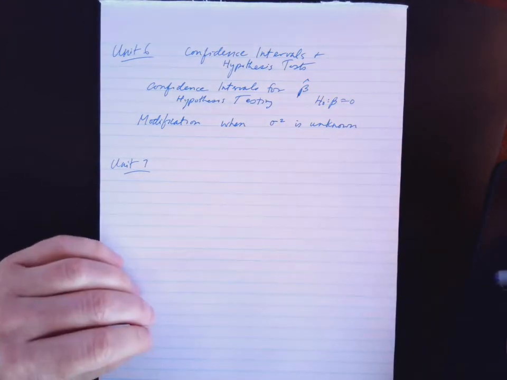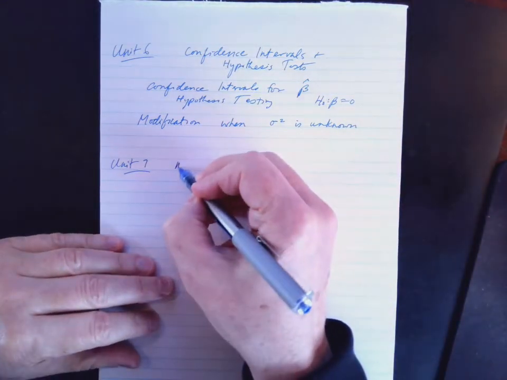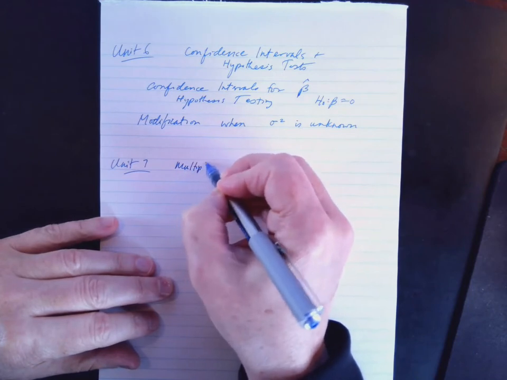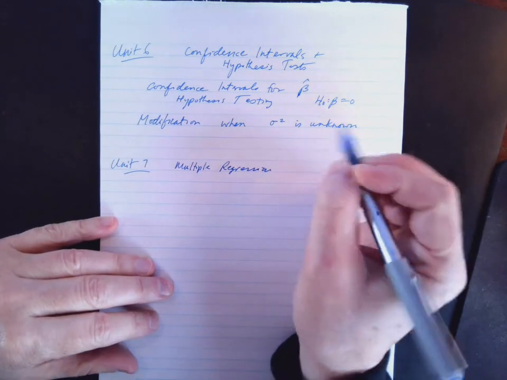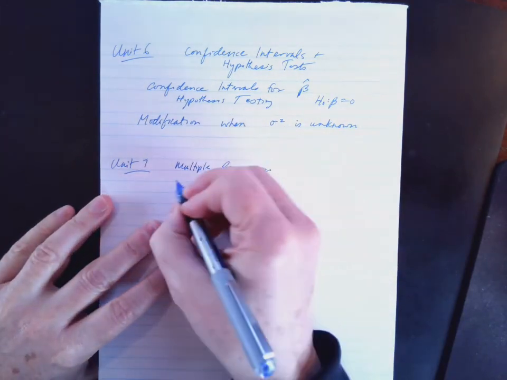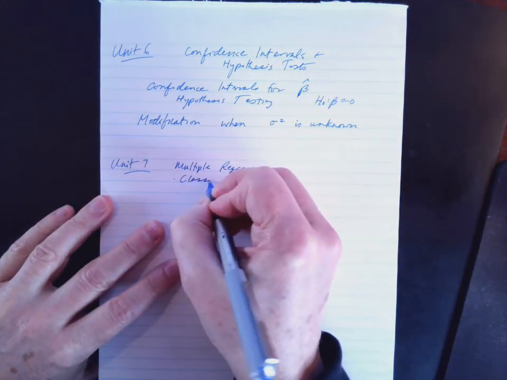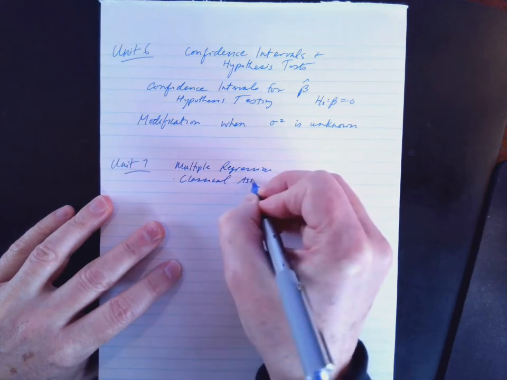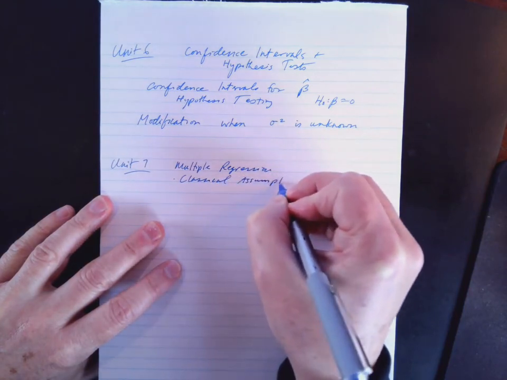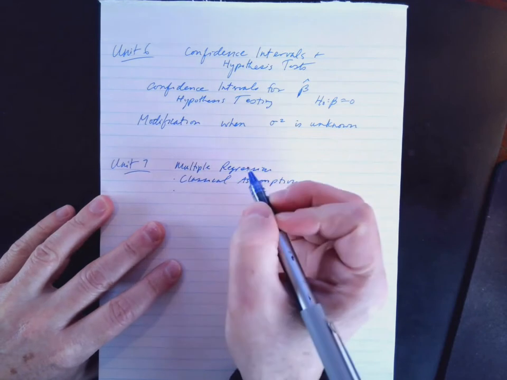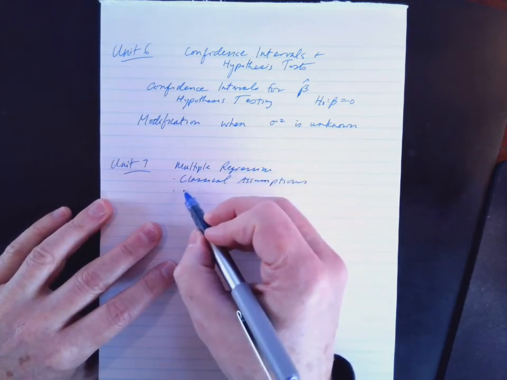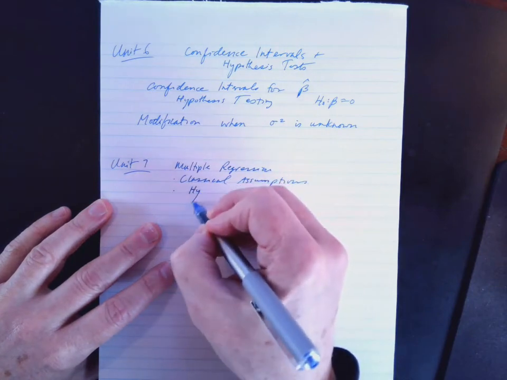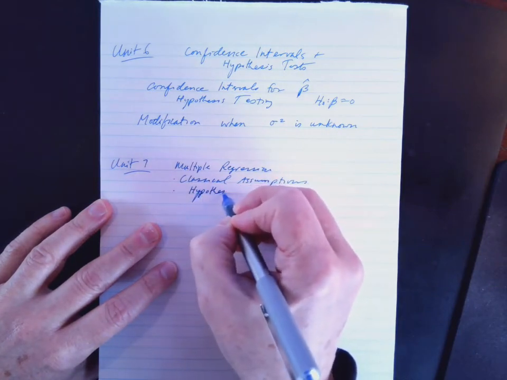All right, Unit 7, back into the topic of multiple regression and hypothesis testing. We reviewed the classical assumptions, and we talked about hypothesis testing again.